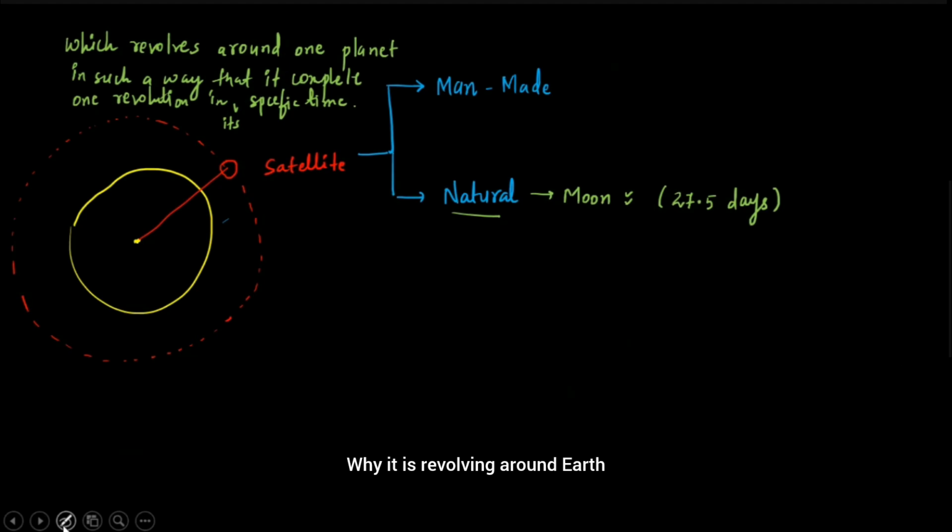Why is it revolving around Earth? That is also a question. It is revolving around Earth because anything which is revolving around a given planet shows that it was someday a part of that thing only. For example, this moon must have been part of Earth some other day.